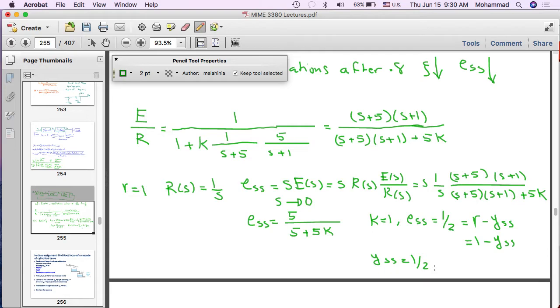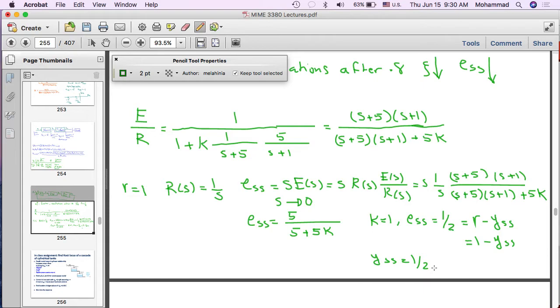So try that. Simulate. And see where it settles. So 1/3 means 0.33 is the error. So that means 0.66 is the steady state value of H2. And you can see it basically gets there.